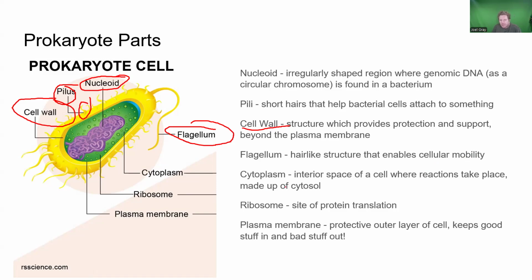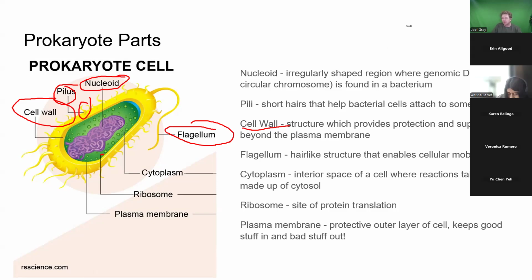Within a prokaryotic cell is the cytoplasm, the interior space of a cell where reactions are going to take place. And this is made up of a gel-like solution known as cytosol. A ribosome, these little blebs right here, are the sites of protein translation. The plasma membrane is the protective outer layer of a cell that keeps the good stuff in and the bad stuff out.